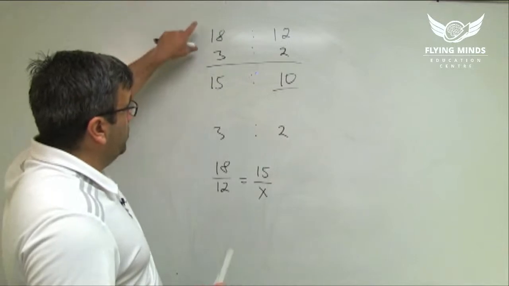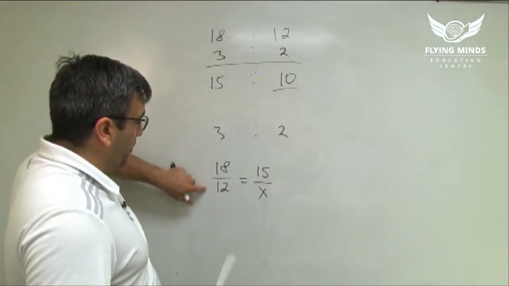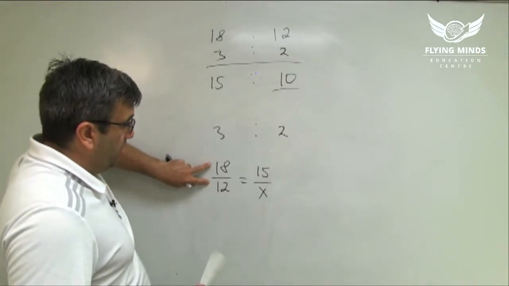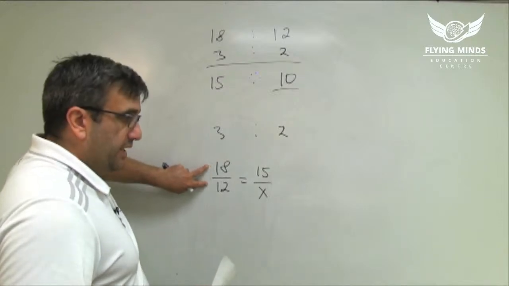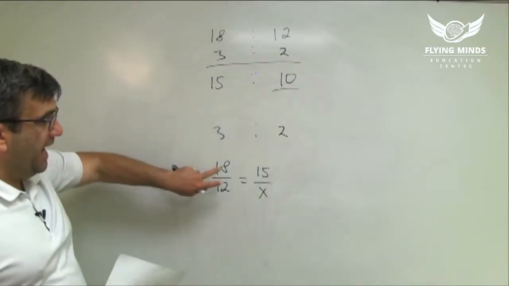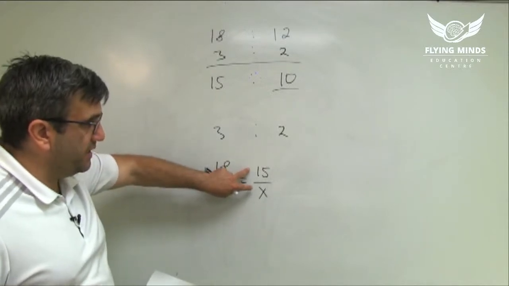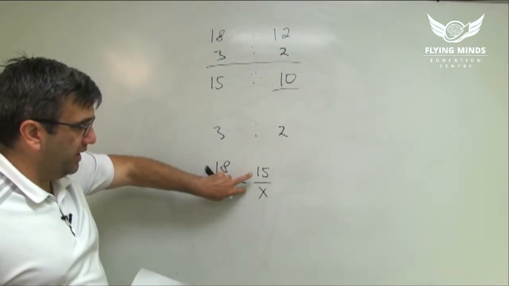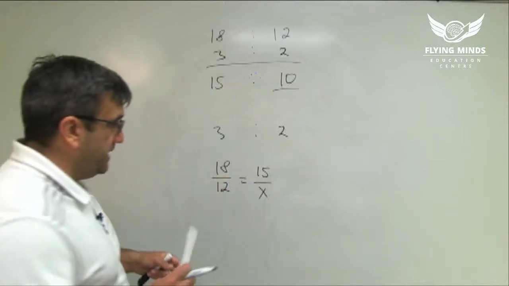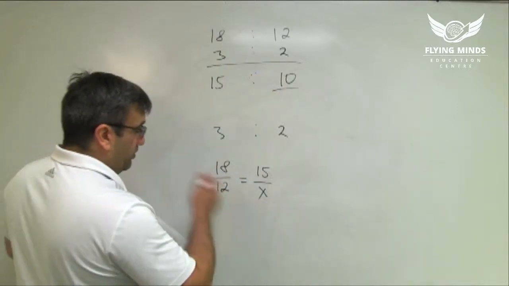But what we can do is build a ratio, right? So this is the relationship between boys and girls in Pierre's class, and it's equivalent to the ratio of boys and girls in Carissa's class, right? So equivalent fractions, basically. And we need to solve it.